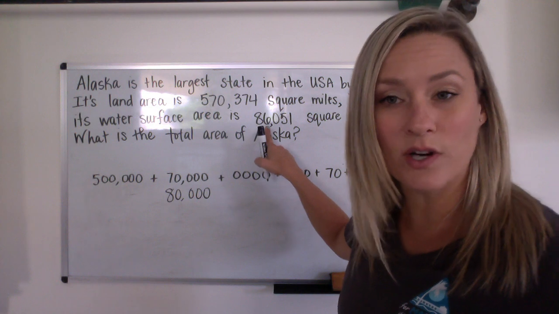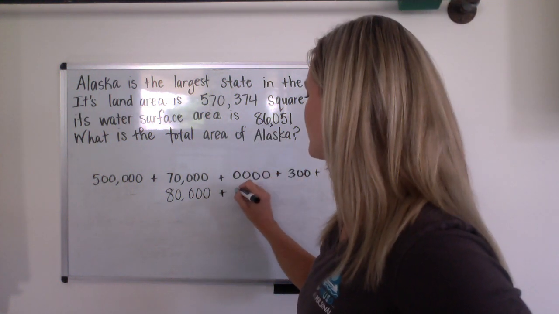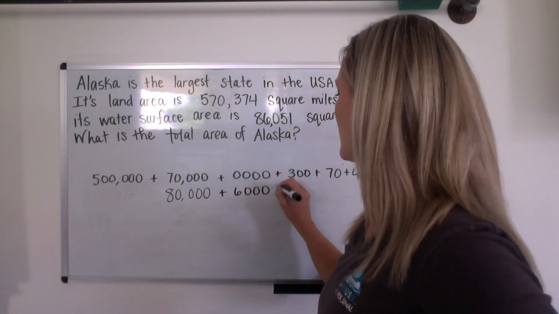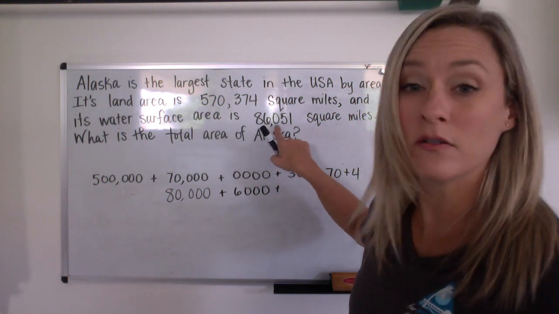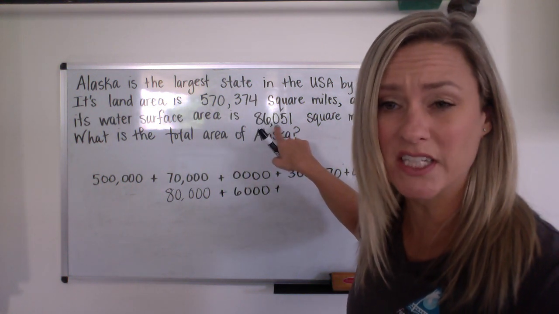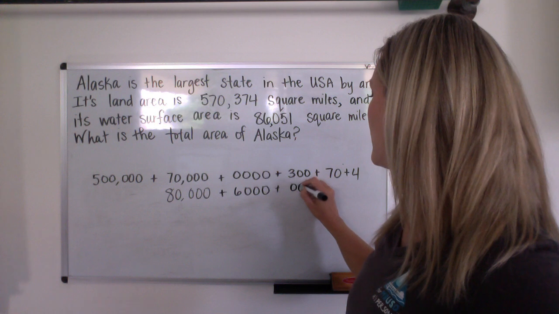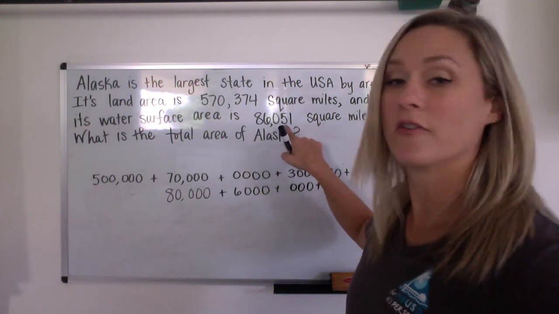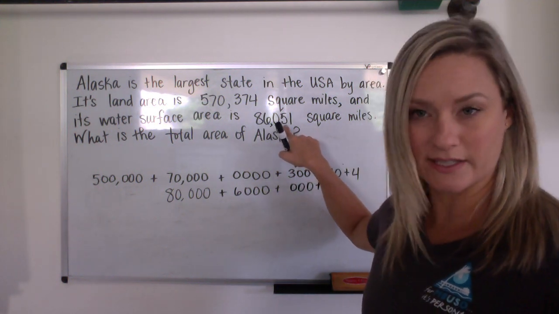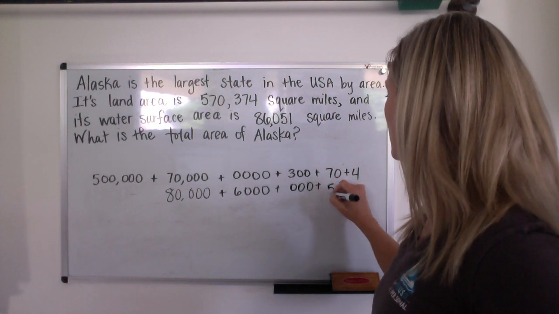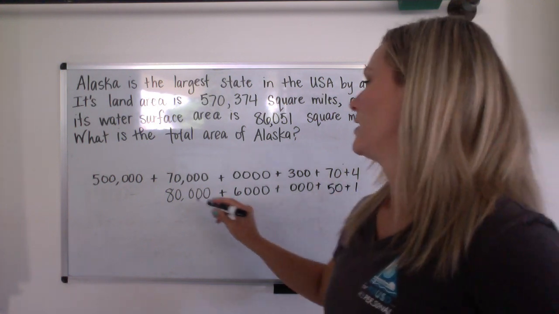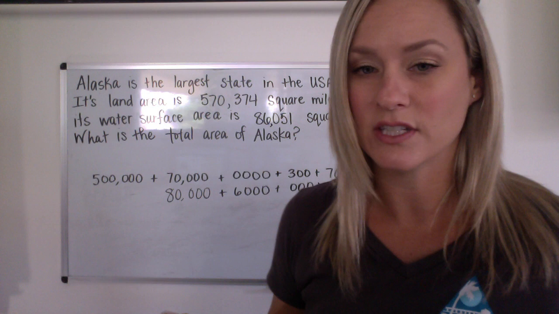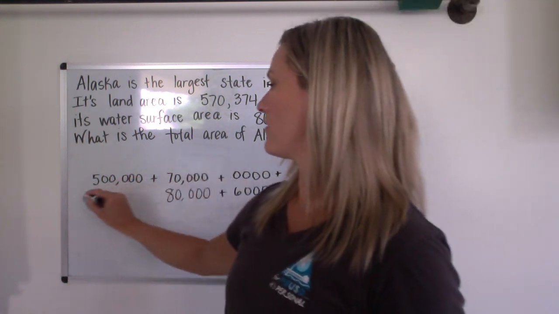And the 6 is worth 6,000. The 0 is worth 0 hundreds, big goose egg there, nada. Okay, the 5 is worth 5 tens, which makes it 50. And 1.